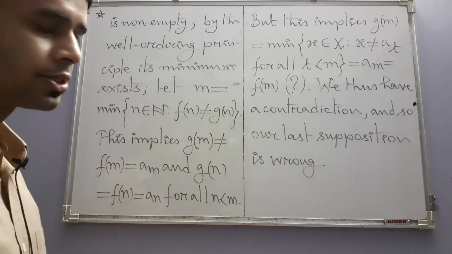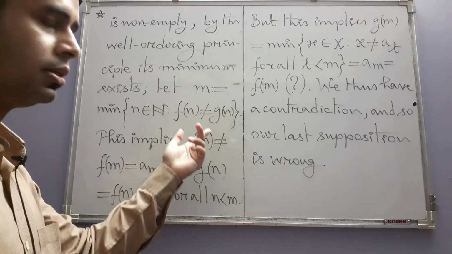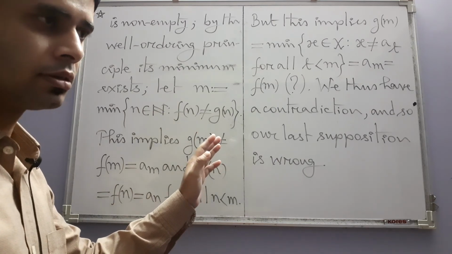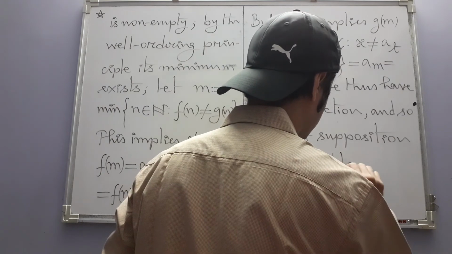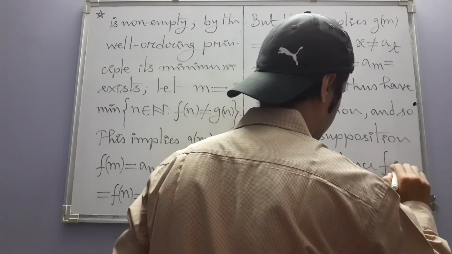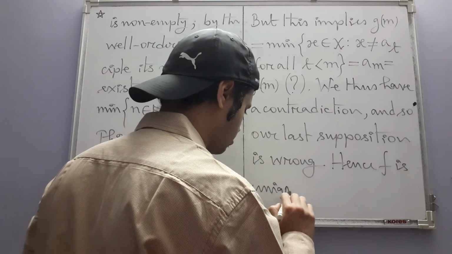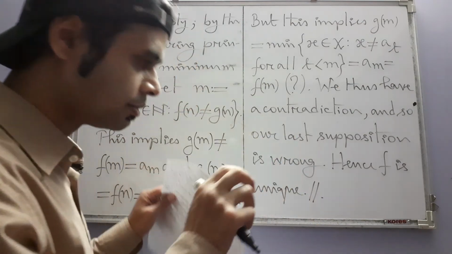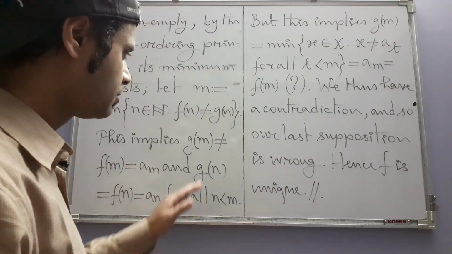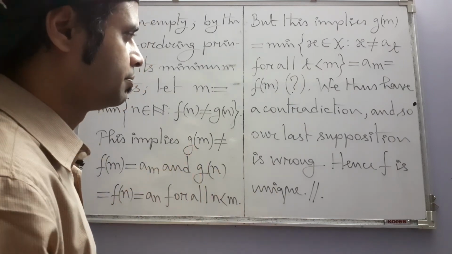What was our supposition? Our supposition was that there is another function g like f which is different from f. Hence, f is unique. And this is where the proof ends. Ends in the sense we still have to address these issues, which we will do later on.